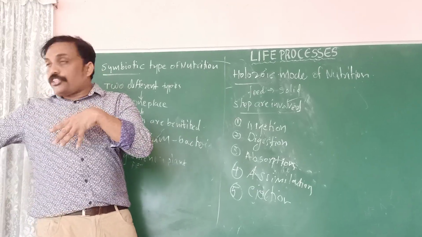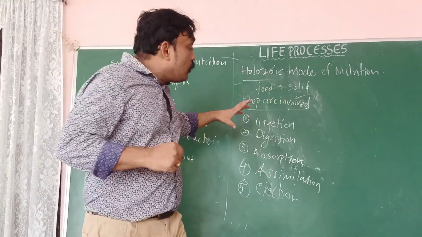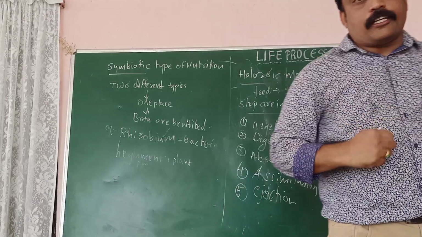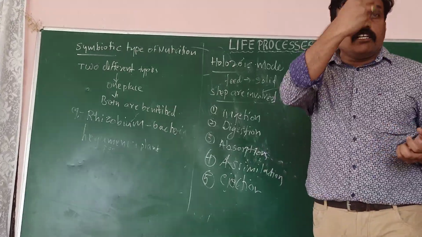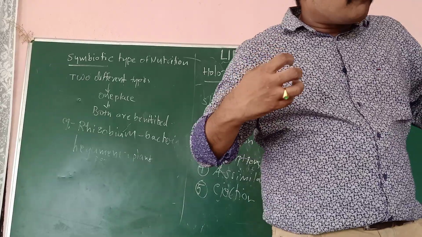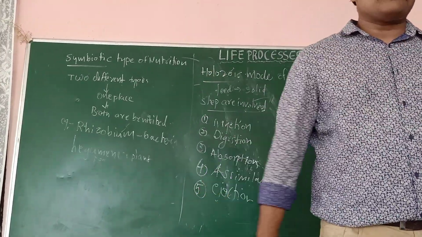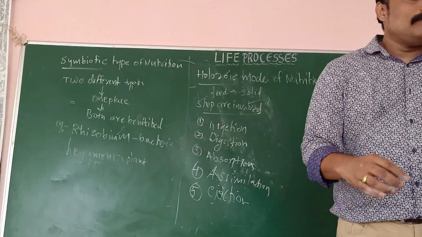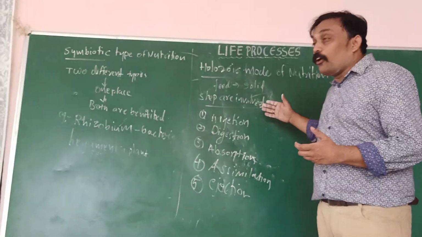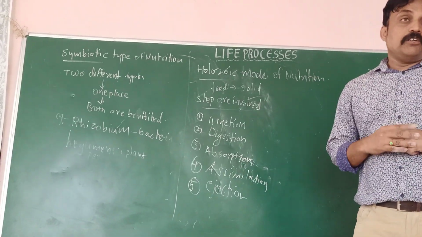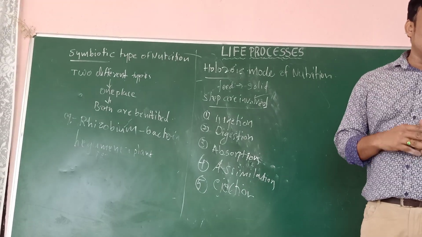Injection, ejection. What is the meaning of injection and ejection? If you use the term holozoic type of nutrition, that means animals feeding on what type of food? Solid material. That type of nutrition we call holozoic. Which organisms are examples?